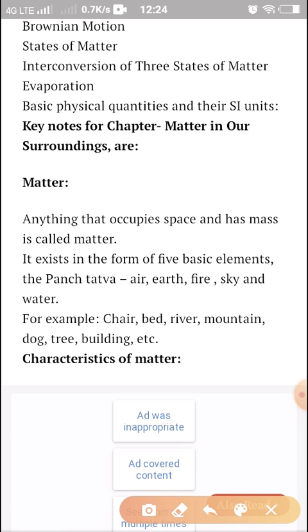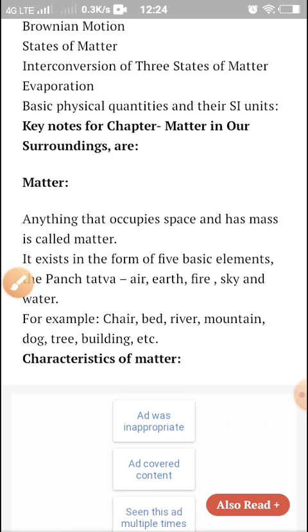If you go on an aeroplane, in the washroom, if we lock it from inside, we see from the outer side that it is written "occupied," meaning someone is in. Someone has occupied the space, so you can't enter there, right? And anything that occupies space and has mass is matter.